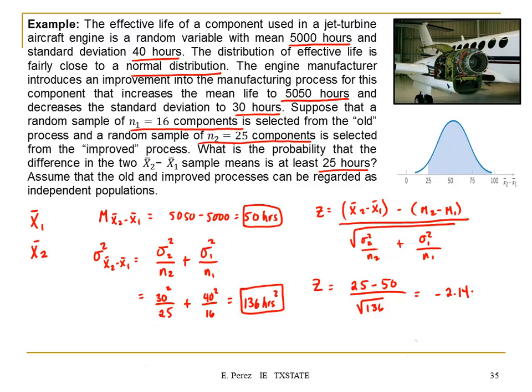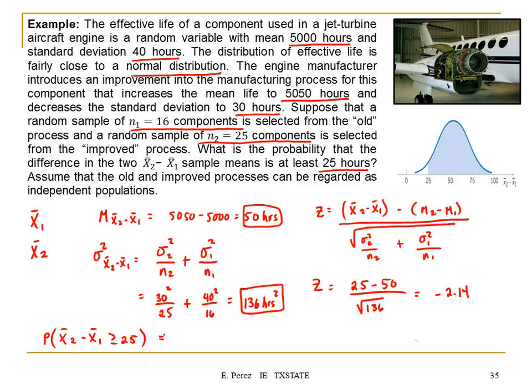And the probability that we're trying to compute is the probability that the difference is greater than 25 hours. Right? So the question is asking, what is the probability that the difference in the two sample means is at least 25 hours?